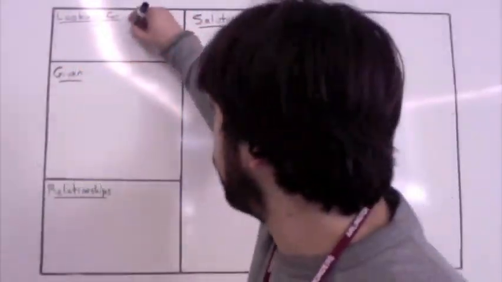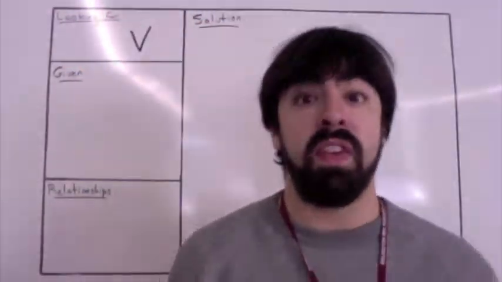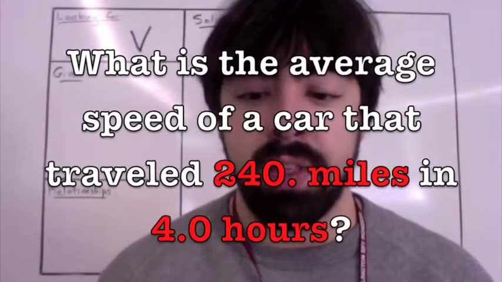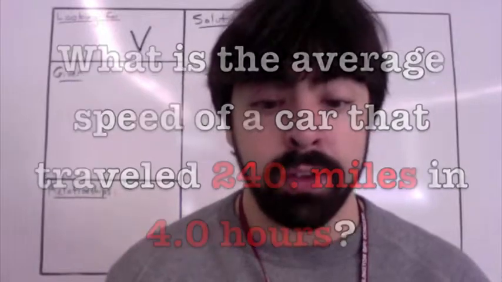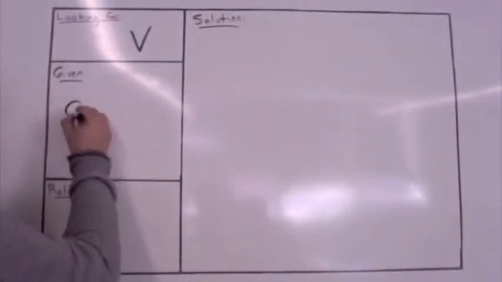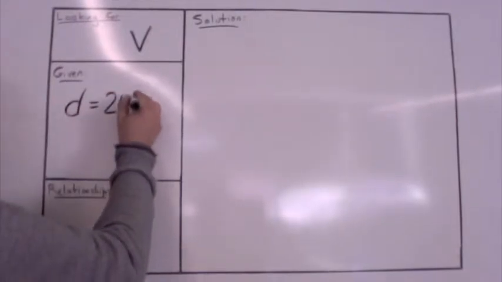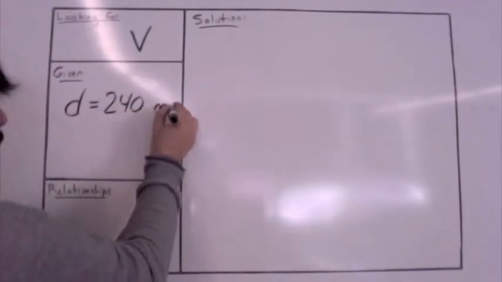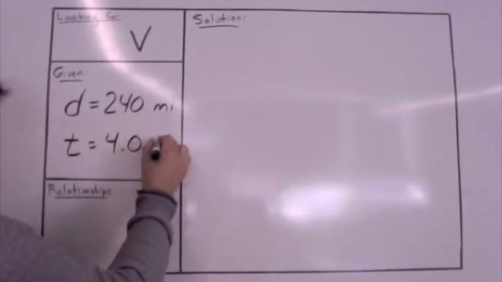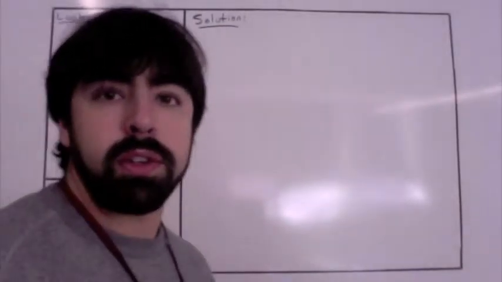V. V is what we are looking for. What are we given? We're given that the car traveled 240 miles in 4.0 hours. So our distance is 240 miles, and our time is 4.0 hours.